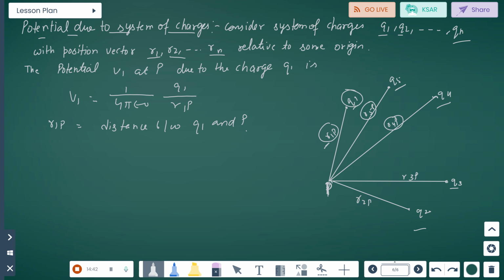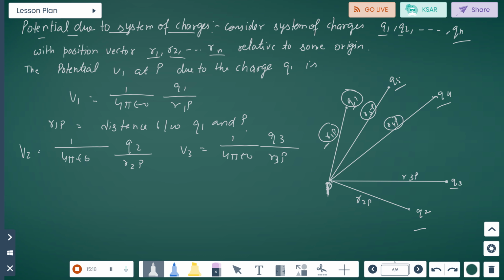Similarly, potential V2 at P due to Q2 and V3 due to Q3 are given. For V2, 1 by 4 pi epsilon naught Q2 divided by R2P, and V3 is 1 by 4 pi epsilon naught Q3 divided by R3P, and so on.